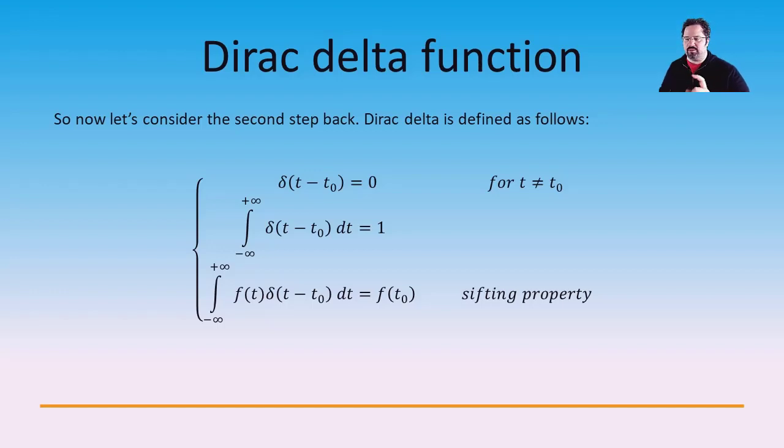So if you multiply one for the other, you obtain 1 as area, and so the integral is equal to 1. And above all, delta has the shifting property, which is that the integral of a function multiplied by delta has the effect of extracting the value of the function in that point t0. So remember, above all, this shifting property.